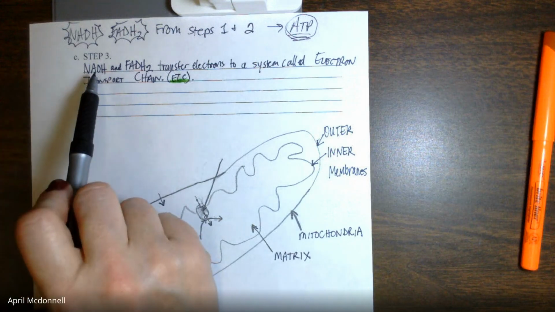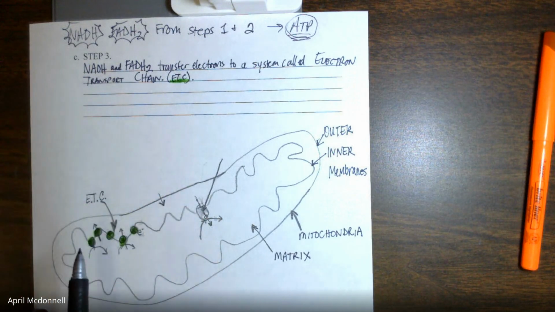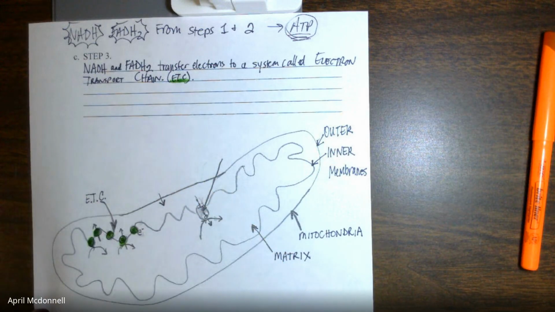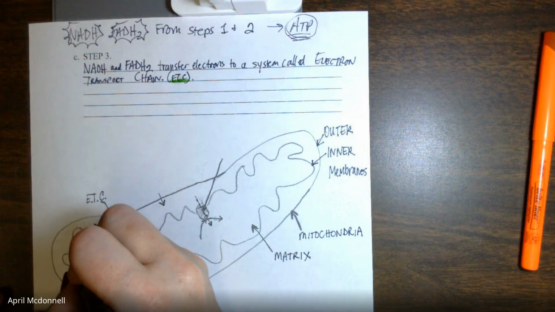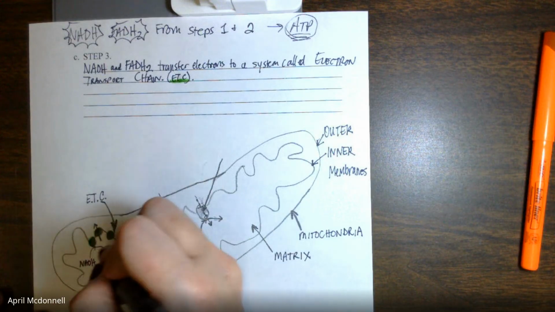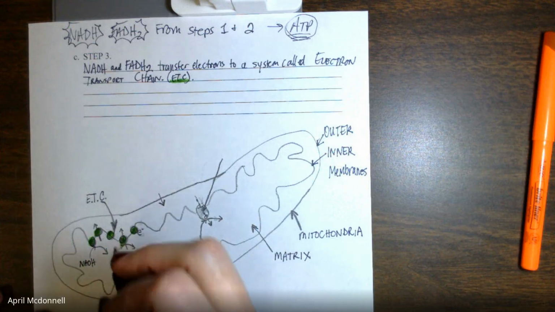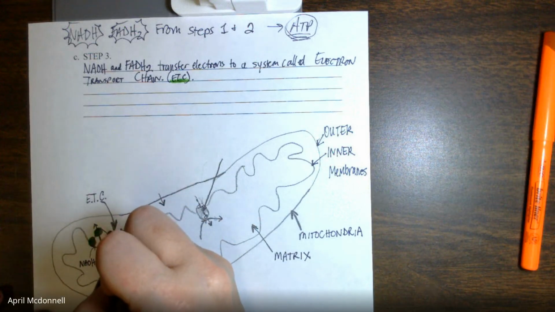We see here that NADH and FADH2 give those high energy electrons to the ETC. So let's write that in. NADH will give its electrons to the ETC, and it will end up being NAD+.